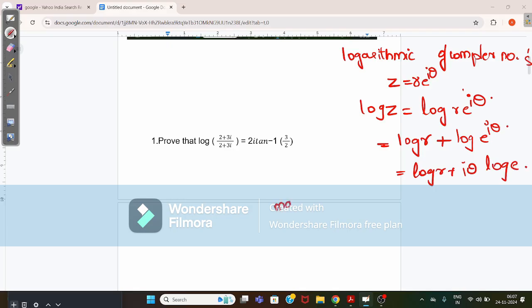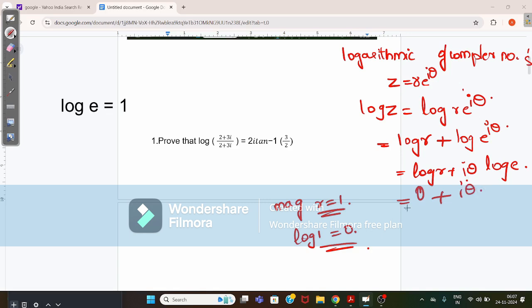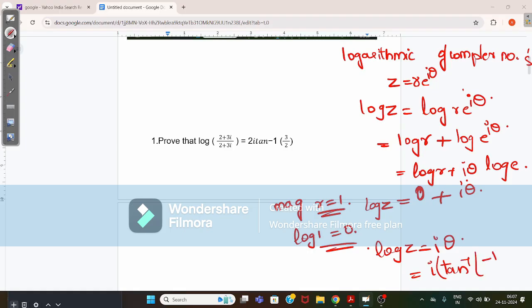Here the magnitude r is equal to 1, so log 1 value is 0. So this value becomes 0 plus i theta, as log e gets cancelled out. So log z is equal to i into theta, where theta is tan inverse minus 12 by 5.